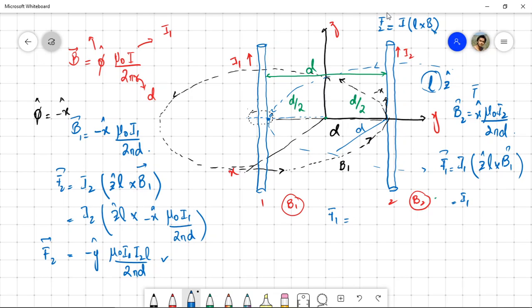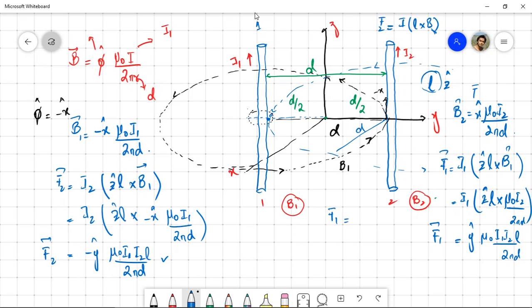Once again, I1 z hat L cross mu naught I2 divided by 2 pi d, and the value will come out to be y hat mu naught I1 I2 small l over 2 pi d. This is the value of F1. This is the value of force that is acting on conductor 1 due to the magnetic field which was generated by conductor 2. So we have the value of F1, we have the value of F2.